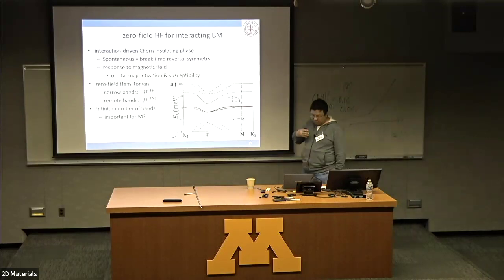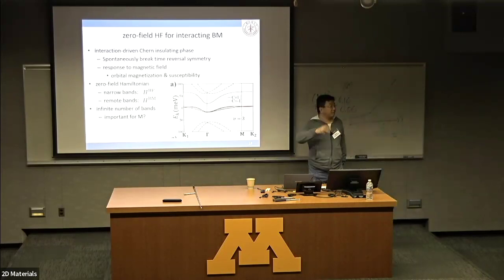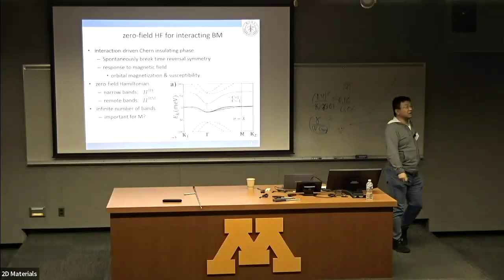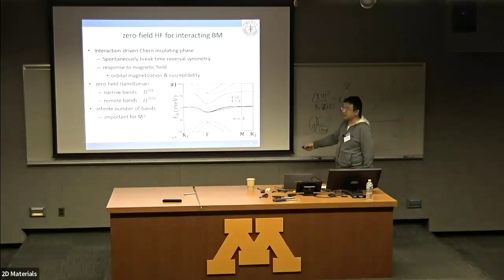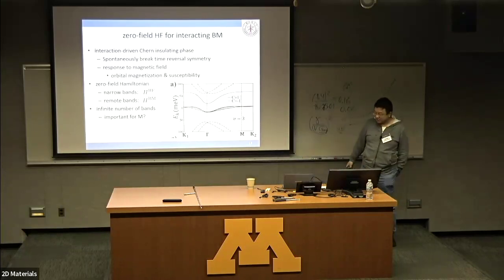We know that for the interacting BM model, in principle we have an infinite number of bands. So for this infinite number of bands in the remote part, do they have any contribution to the orbital magnetization?